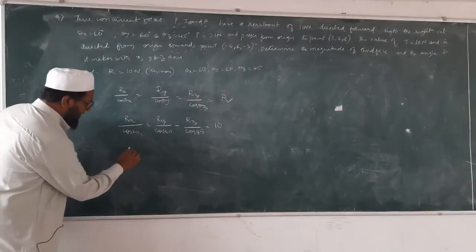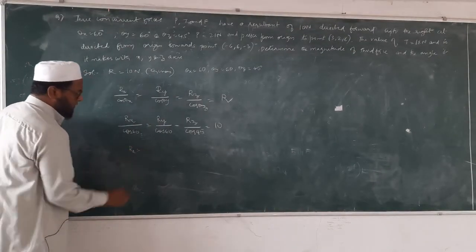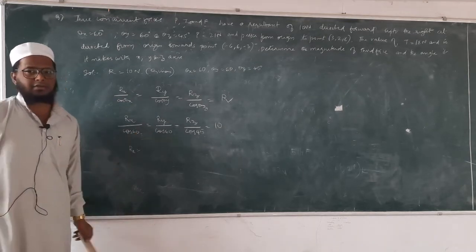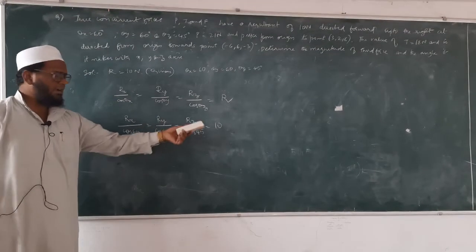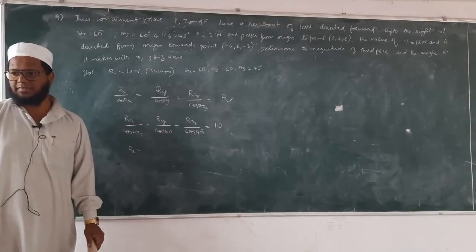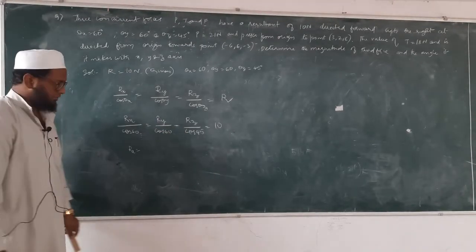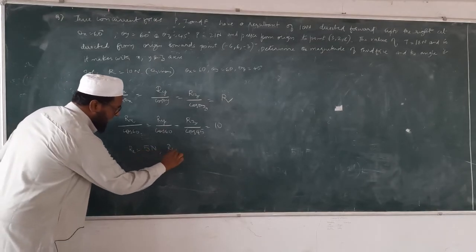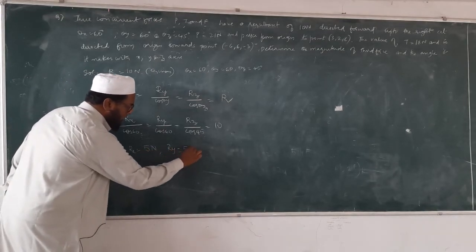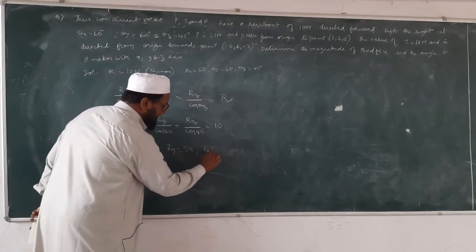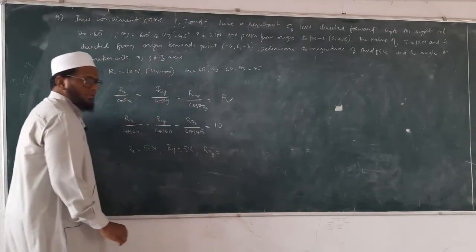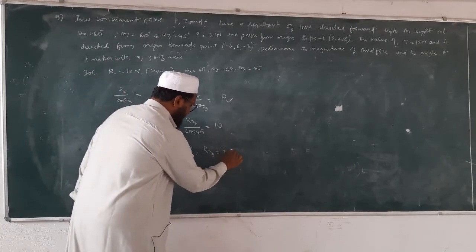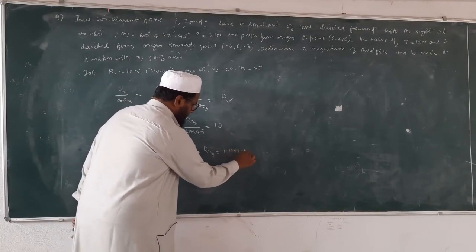So tell me the value of Rx now. 10 into cos 60 is how much? 5? 5 newtons. Similarly, Ry is equal to 5 newtons and Rz is equal to 7.07 newtons.